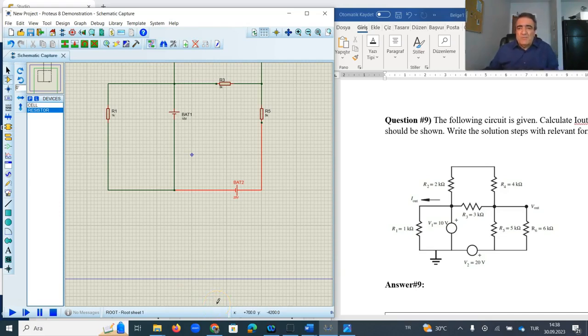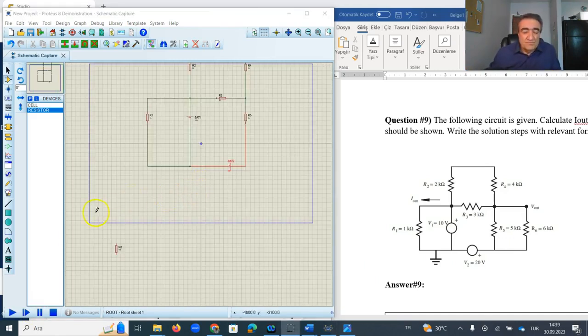Our circuit is not completed because there is another resistor with the name R6 and the value of it is 6 kilo ohm. We have to add this resistor to our circuit. Okay, this is resistor 6.